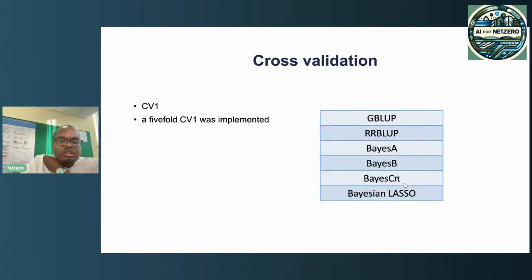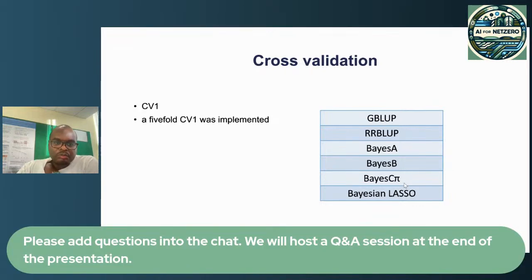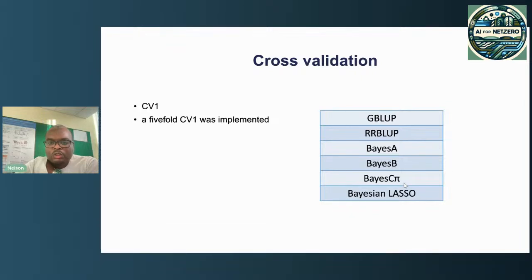So these are the common genomic selection models that I implemented. I used a cross-validation method, a 5-fold cross-validation method. First of all, I tried to check the predictive ability, to see which was the best method I could use subsequently to select superior varieties in my program.